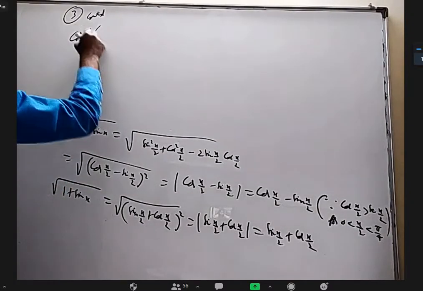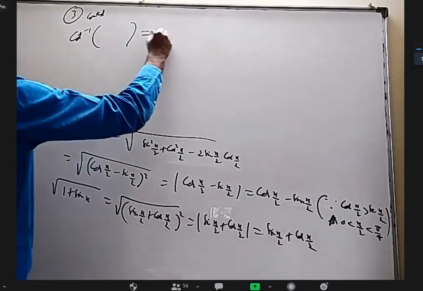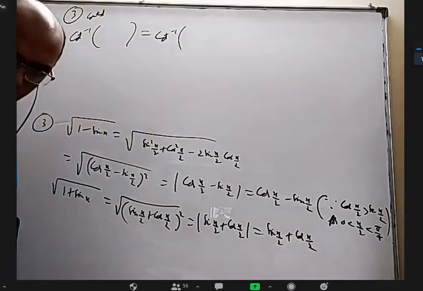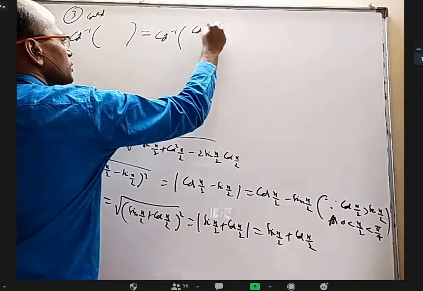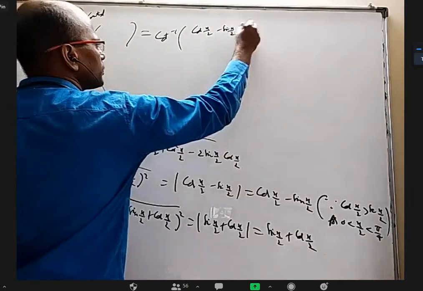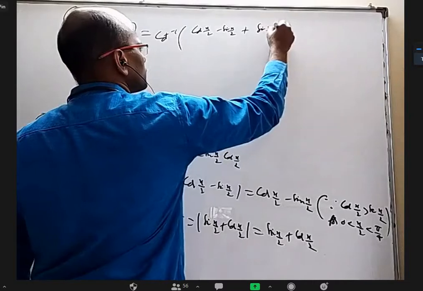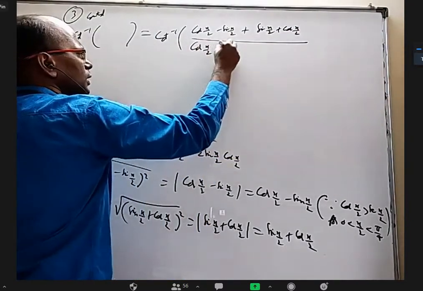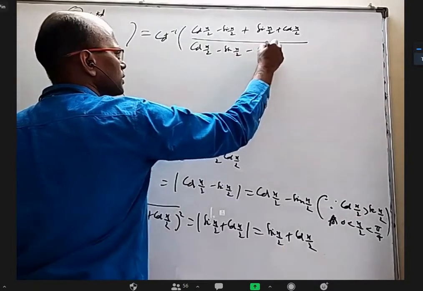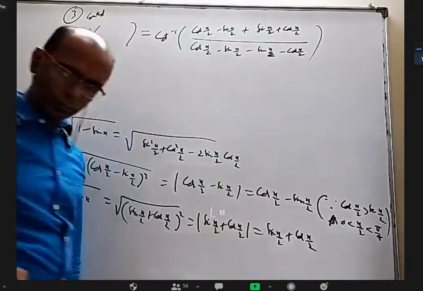So cot inverse of all that they gave will be cot inverse of root 1 minus sin x first, which is cos x by 2 minus sin x by 2 plus sin x by 2 plus cos x by 2, over cos x by 2 minus sin x by 2 minus sin x by 2 minus cos x by 2.